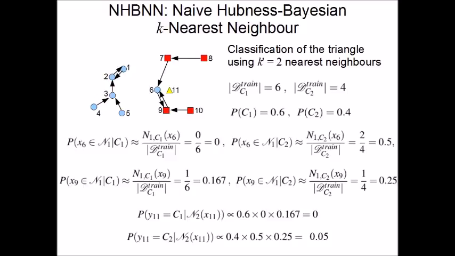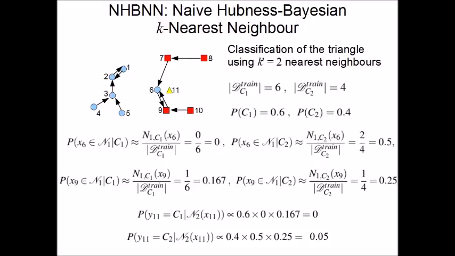Therefore, we can estimate the probability of the first class, that is, the probability of the class of circles, as 6 divided by 10, which gives 0.6. Similarly, we can estimate the probability of the second class as 4 divided by 10, which gives 0.4. This will be the probability of the class of rectangles.